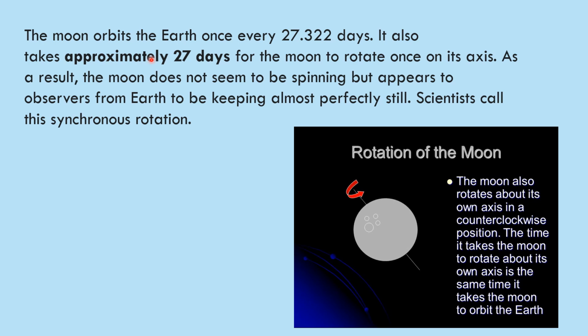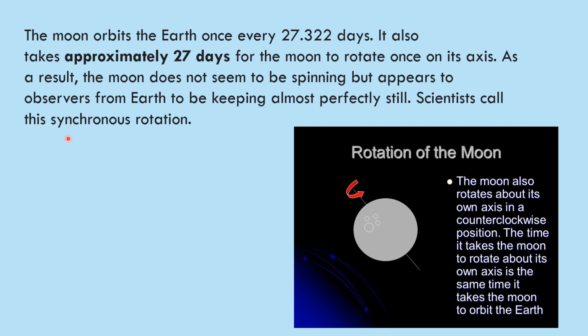The moon orbits the earth once every 27.3322 days. It also takes approximately 27 days for the moon to rotate once on its own axis. The rotation of the moon and the revolution of the moon around the earth are almost the same. As a result, the moon does not seem to be spinning, but appears to an observer from the earth to be keeping almost perfectly still.